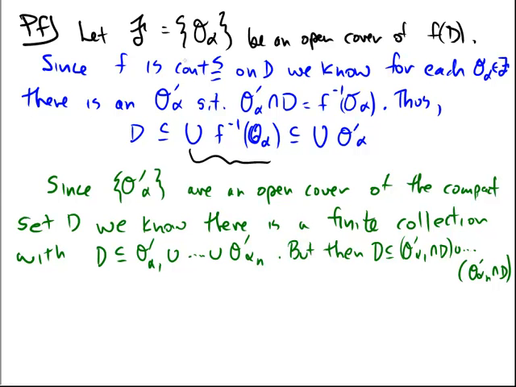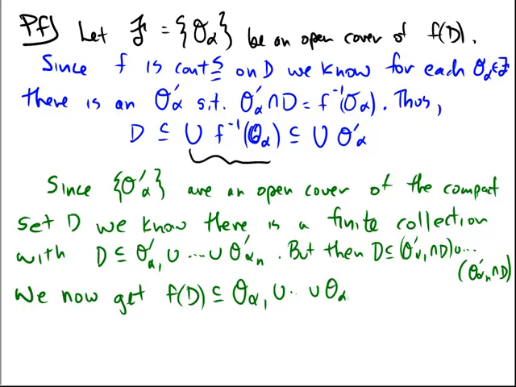Well, because of the way that we picked the O prime alphas, we now get that f of D would be a subset of the images, not the preimages, but the images after we send these sets under the f map. So we get O alpha 1 unioned all the way up to O alpha n.